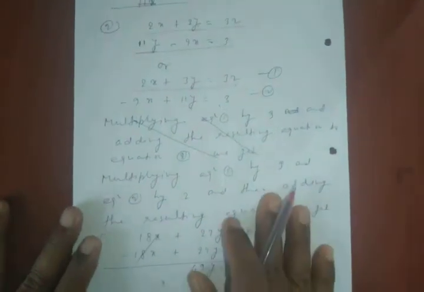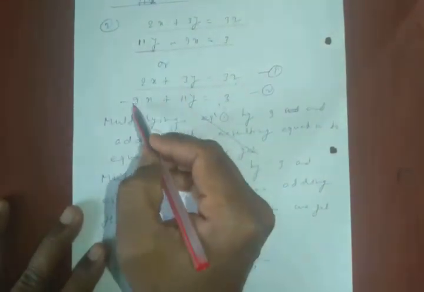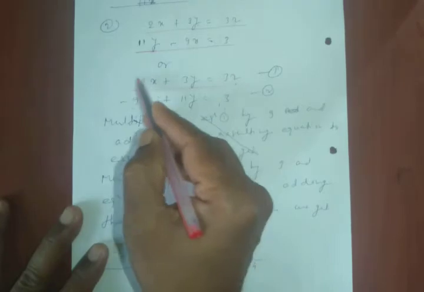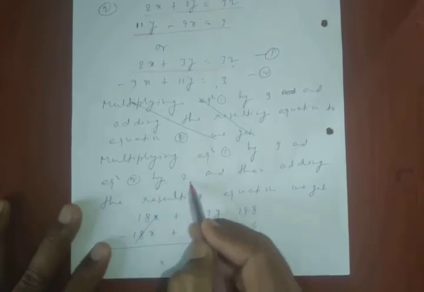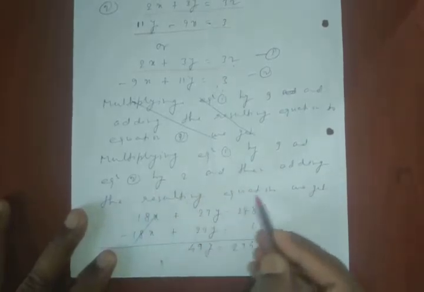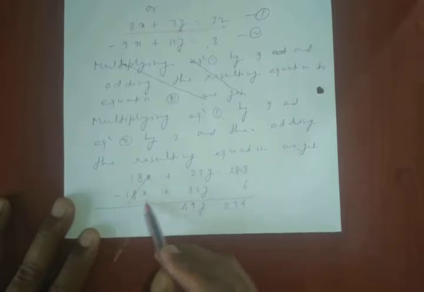And then add, because this is positive and this is negative, so that these two terms get cancelled. That is why we multiply equation 1 by 9 and equation 2 by 2, and then add the resulting equations. This is the equation after multiplying, and you see 18x and 18x: this is plus 18x and this is minus 18x.